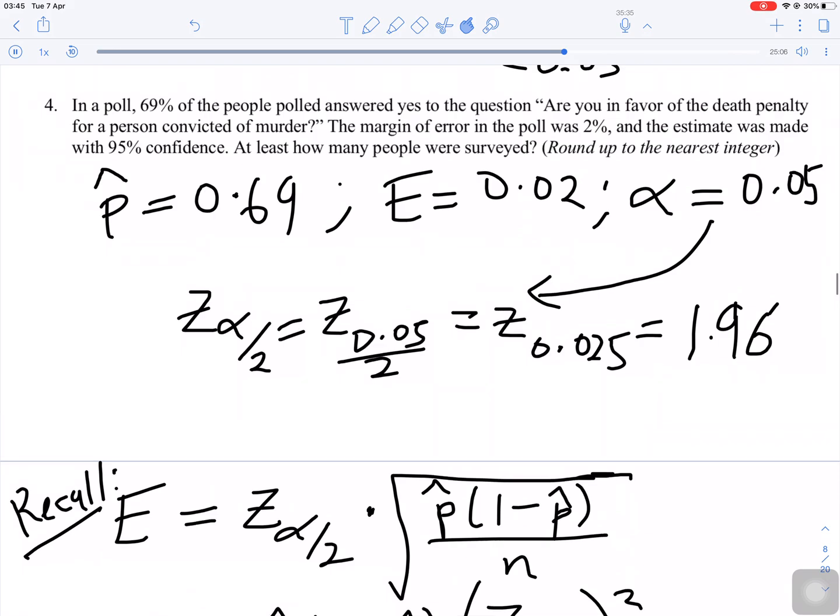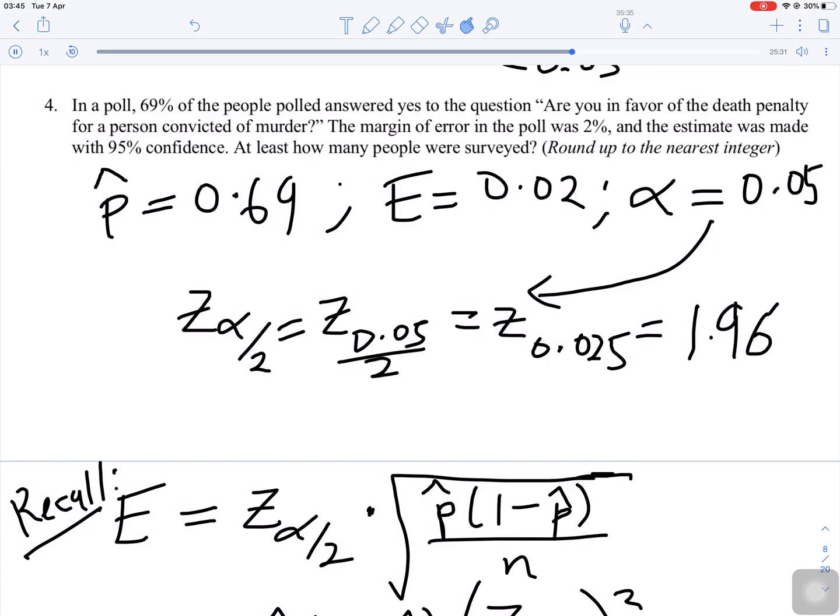Question 4. It says, in a poll, 69% of the people polled answered yes to the question, are you in favor of the death penalty for a person convicted of murder? So those who responded yes are the people who have a characteristic of interest.